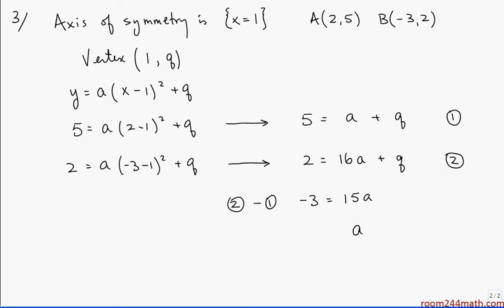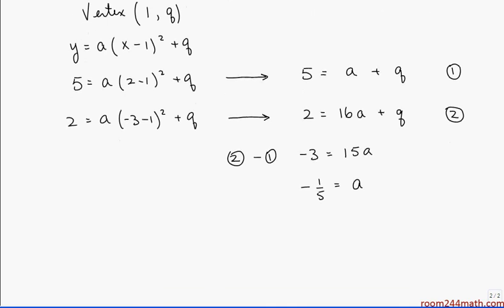So we've now got a very simple equation in a. We can solve that, divide both sides by 15. Negative 3 over 15 reduces to negative 1/5. So we've figured out a, and we'd like to know what q is too, so we can use equation 1.